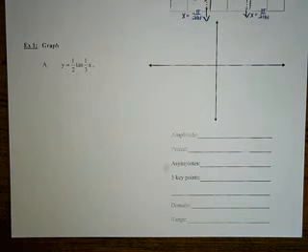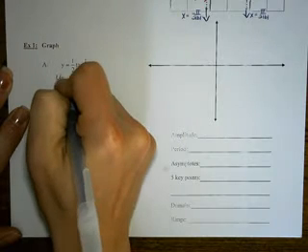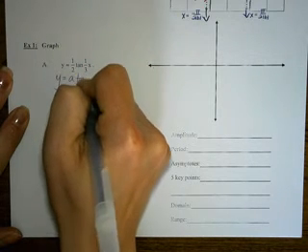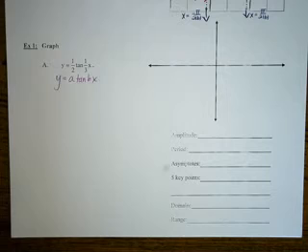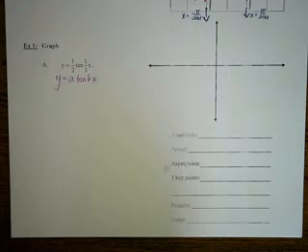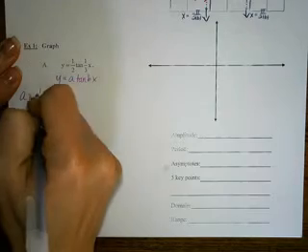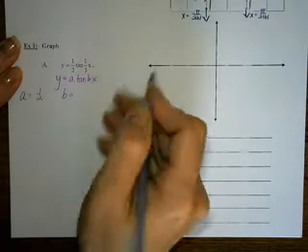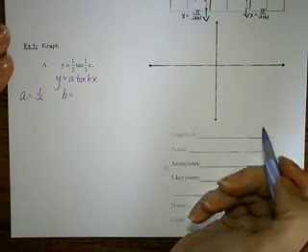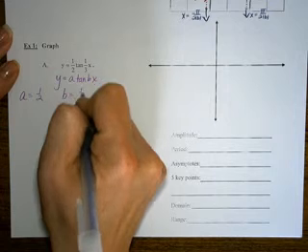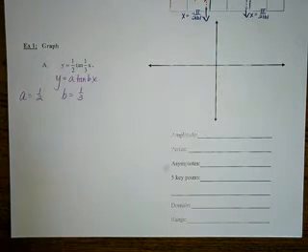Okay, so the first thing you need to do is write y is equal to a tangent of bx. So what is my a value? 1/2. And what is my b value? 1/3.